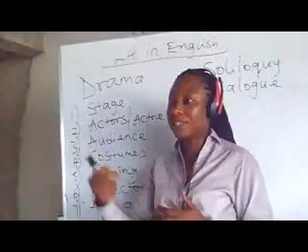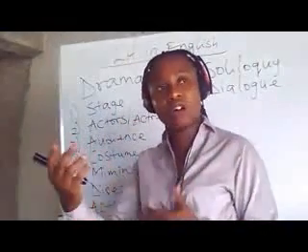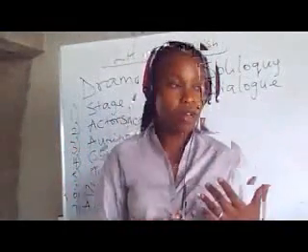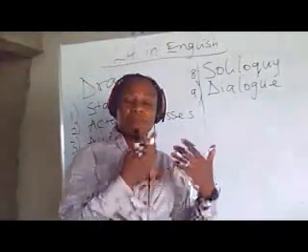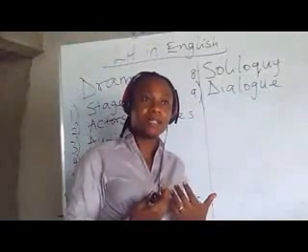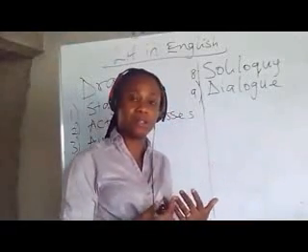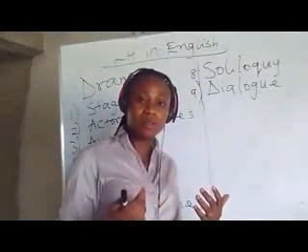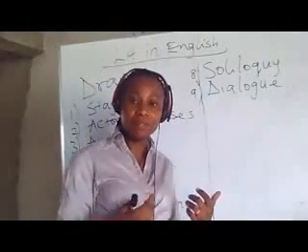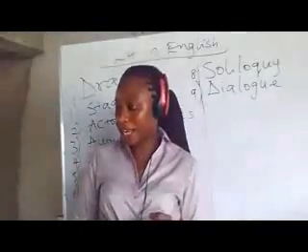Dialogue means you're talking to someone. So on stage, while the drama is on, you see two or three persons dialoguing among themselves, talking to themselves. That is a dialogue.